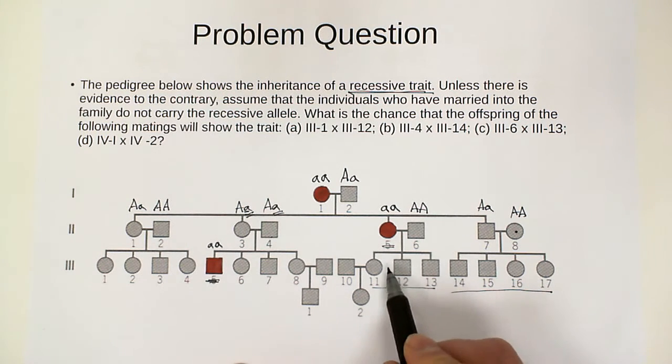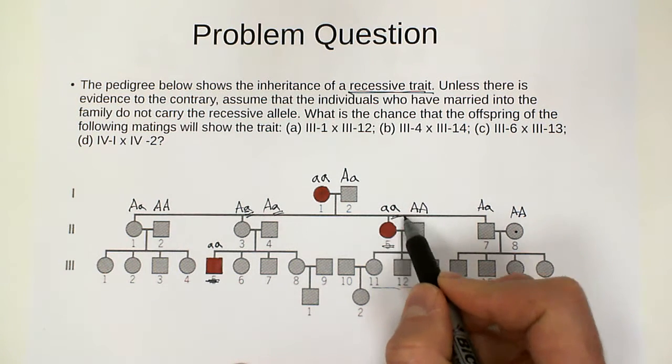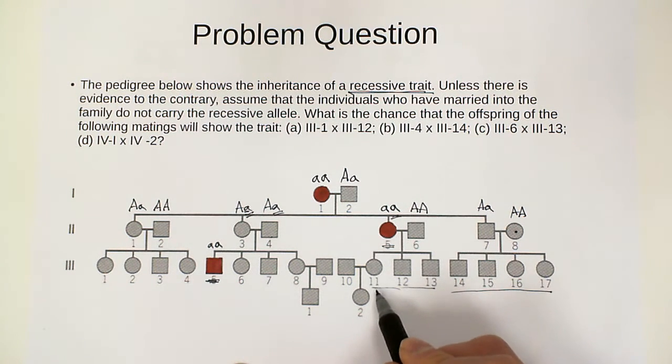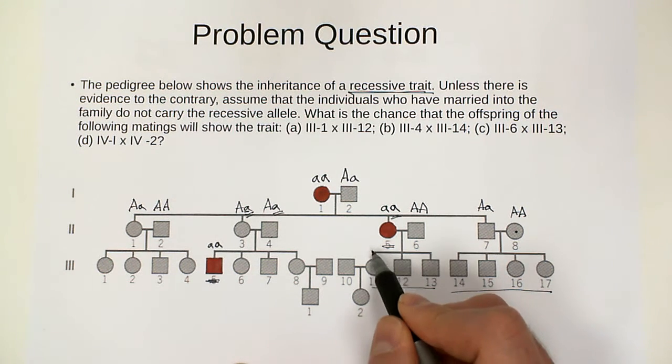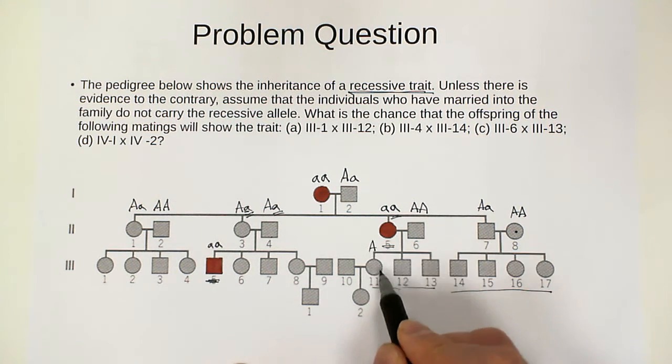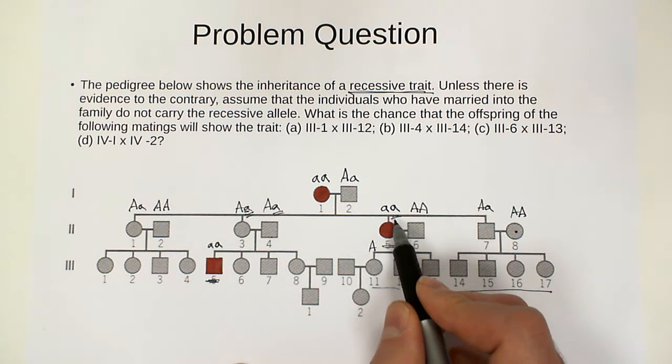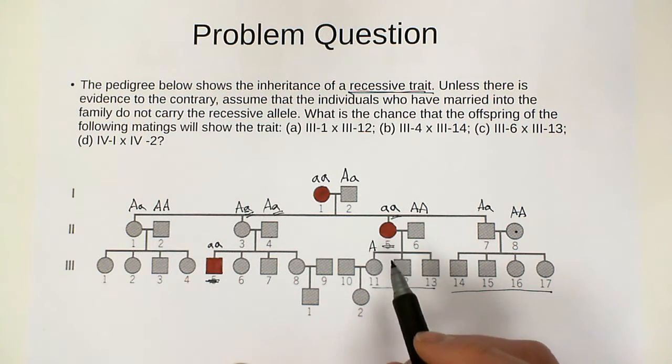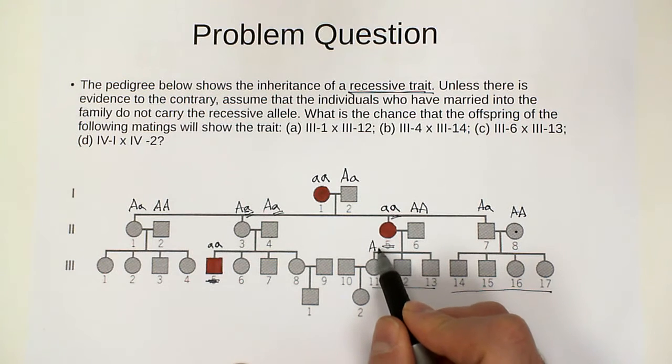So for example, in this particular family, we have a female, 2-5, who is homozygous recessive. So she can only donate a little a to any of her children. So individuals 3-11, 3-12, and 3-13 all will have to be heterozygous because they don't show the phenotype, but their mother has it, and she would only be able to donate the recessive allele.